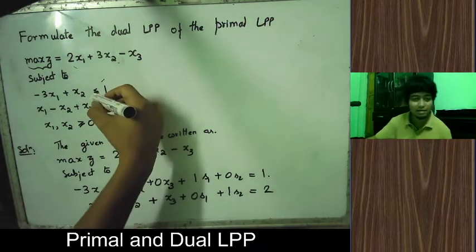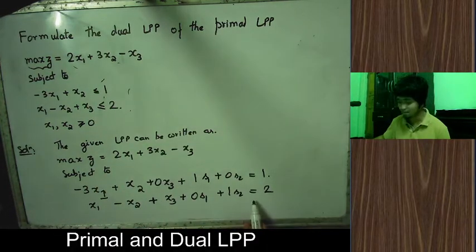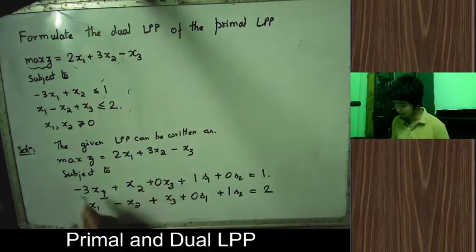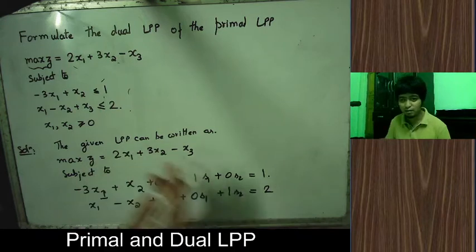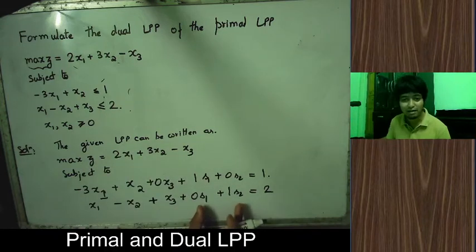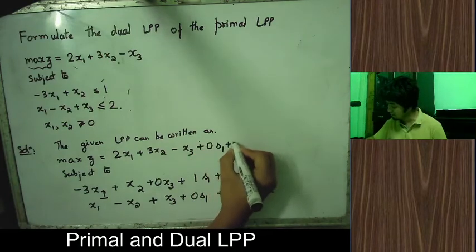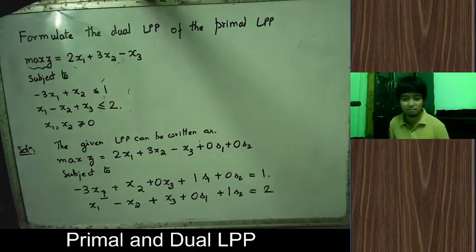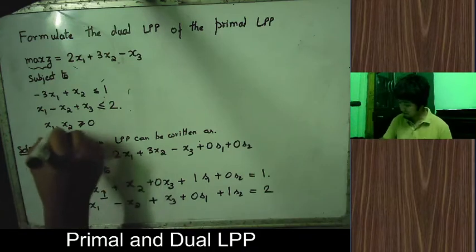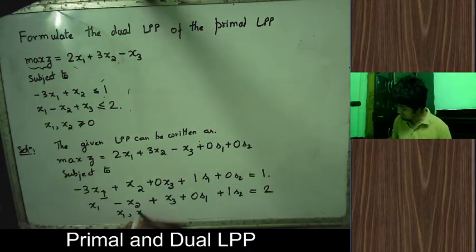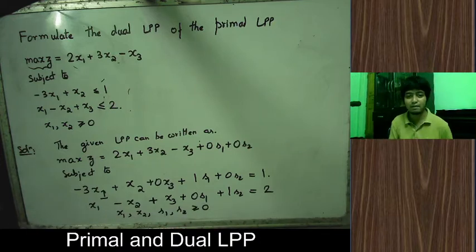So we have converted this into equal signs. And the objective function will also change. We will also have to incorporate s1 and s2, which we can easily write as 0s1 plus 0s2. x1, x2, s1, s2 are all greater than or equal to 0.